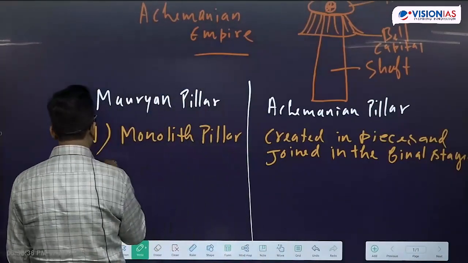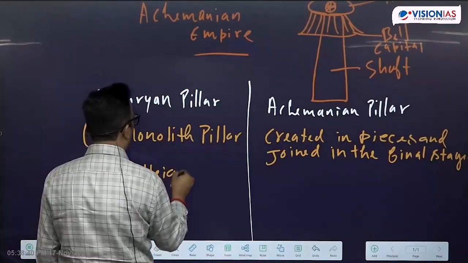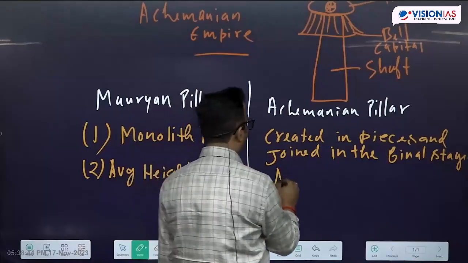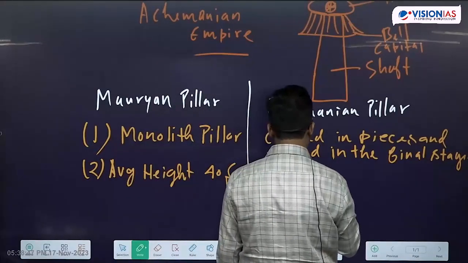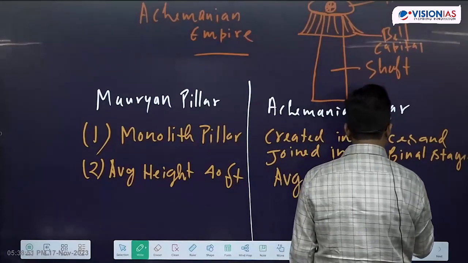Number 2, average height 40 feet, and here you write average height 20 to 25 feet.